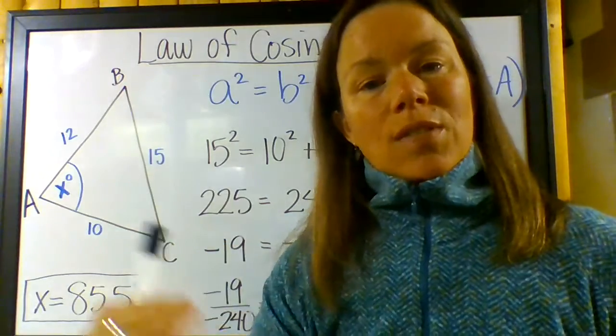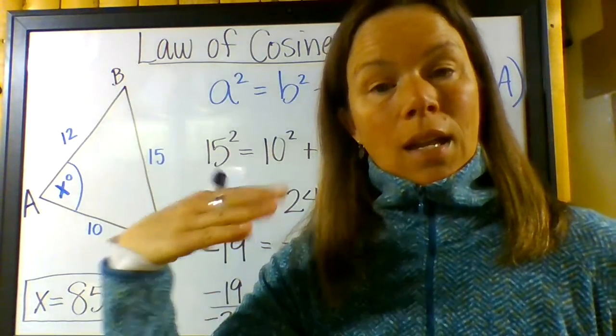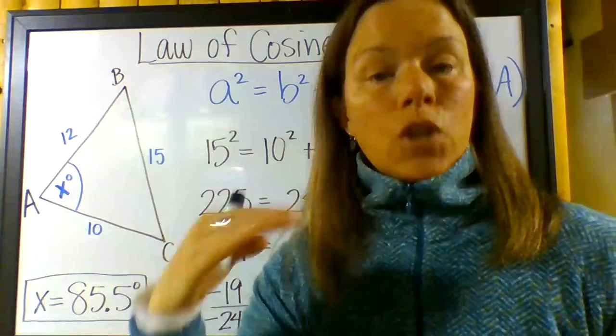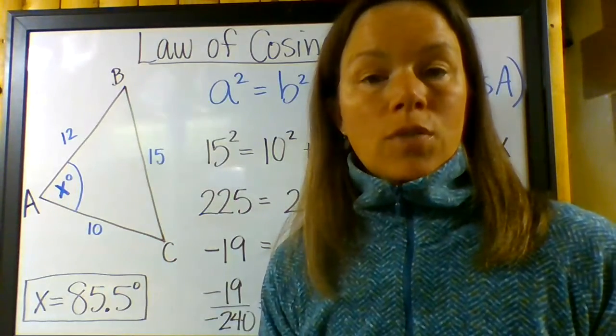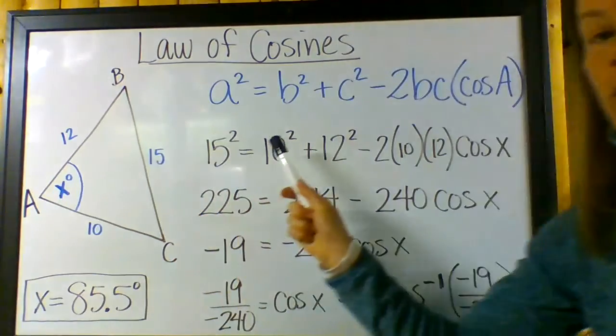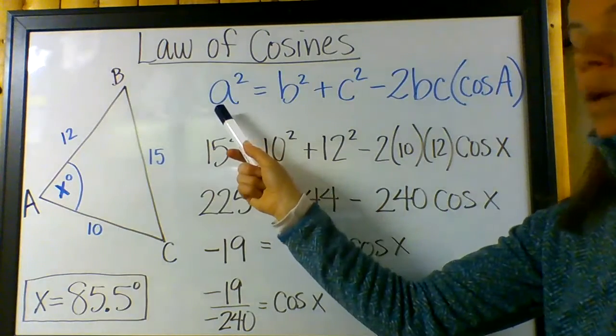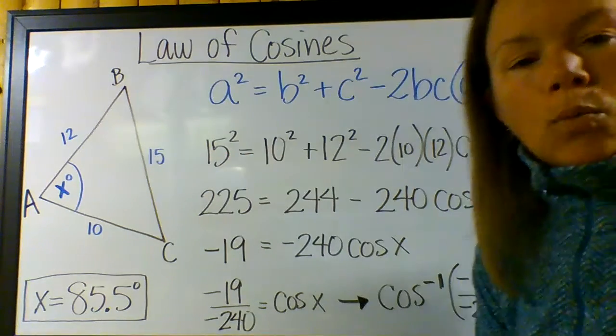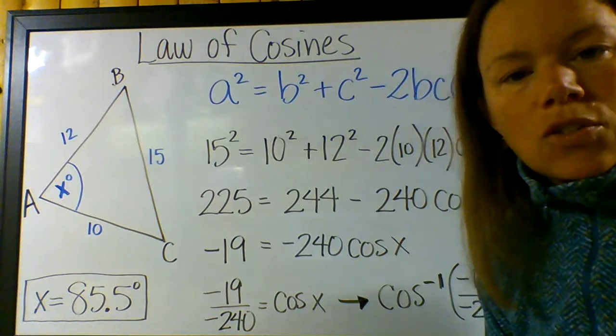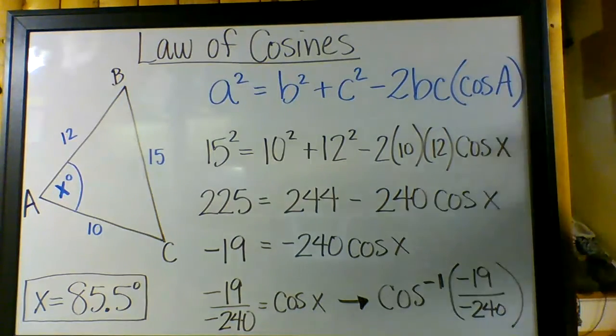On the page you'll see that there are three versions of the law of cosines: one that starts with a squared, one that starts with b squared, and one that starts with c squared. But really, it's just the same thing each time, and it works like this.